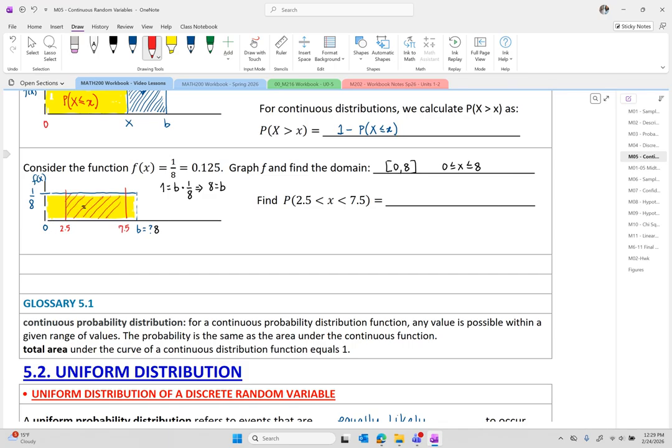This area will be base times height. The probability is the area, so that will be base times height. And the base is 7.5 minus 2.5. This is 5 units. And the height is the function value, 1/8. So I will have 5/8 as my probability, or 0.625.